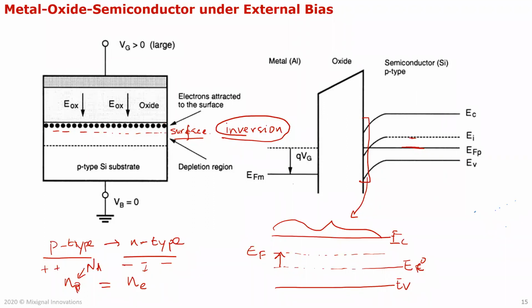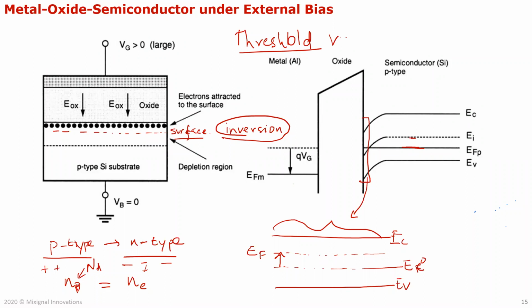So you had no channel, no electrons before. Let's say you're creating an electron channel, a voltage-controlled electron channel. You didn't have any electron channel at all until after a certain voltage, and that voltage is called your threshold voltage. That's what we are going to talk about in length next time as well.